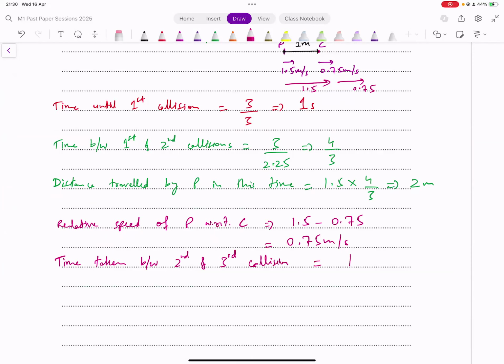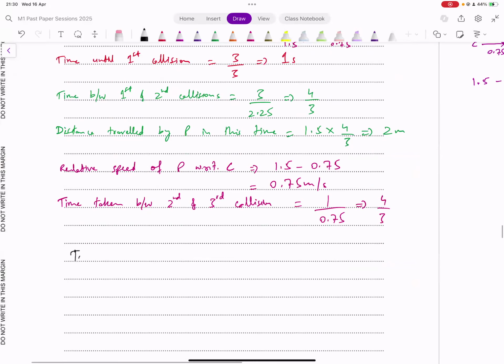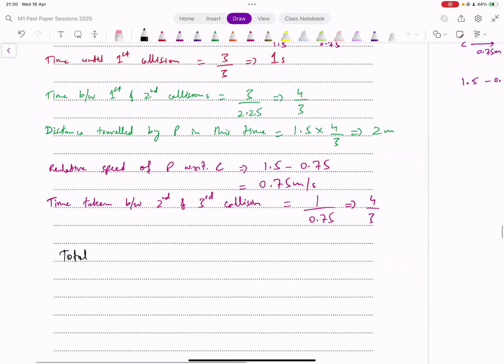The distance, that's 1 meter. The relative speed for both of them, that's 0.75, and that will give you some value as well. 2 over 1.5, and that's 4/3. This is also going to be 4/3. That's the time taken for the last part of the journey as well. What's the total time taken now? The total time taken would be the sum of all those values.